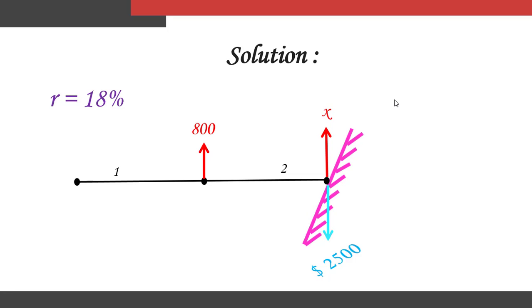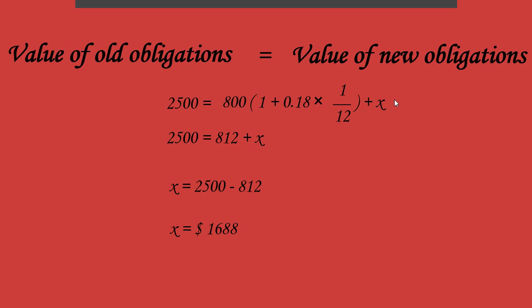We need to get the unknown payment, so the value of all the obligations, $2,500, must be equal to the value of $800 plus the value of X. The value of $800 means we must get the amount for this payment by using the formula S equal P times 1 plus RT, for P equal $800, R equal 18% and T for 1 month, and the value for X equal X. So the value of old obligations must be equal to the value of new obligations.